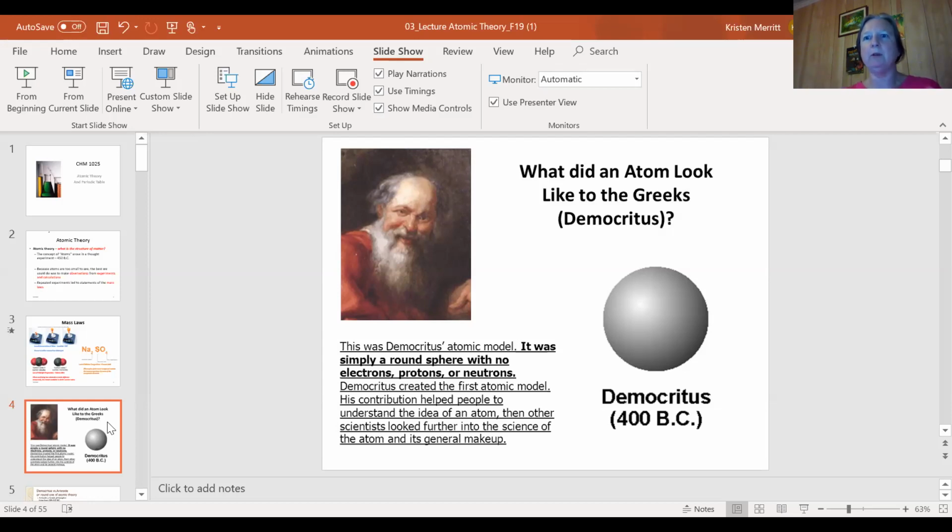Cheese could be broken down into little bitty cheese parts. The smallest particle was still cheesy. It still had the properties of cheese. Well, Democritus said, no, it actually can be broken down into a simpler building block, and it's just a sphere, and it's called an atom, cannot be broken apart. Now, this wasn't popular.